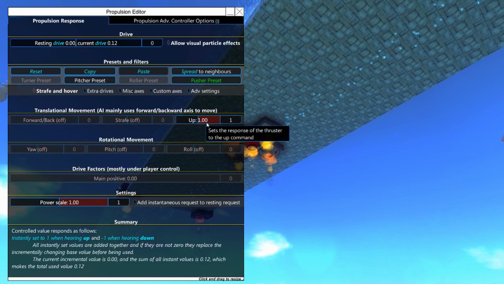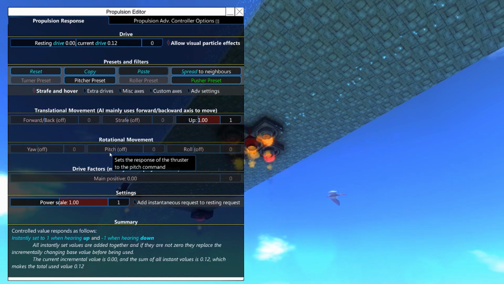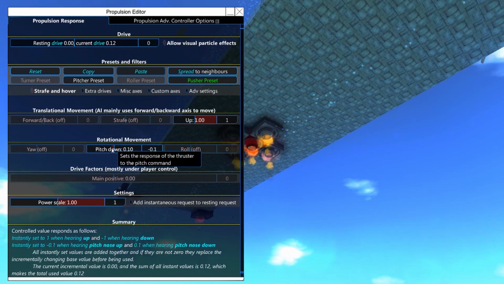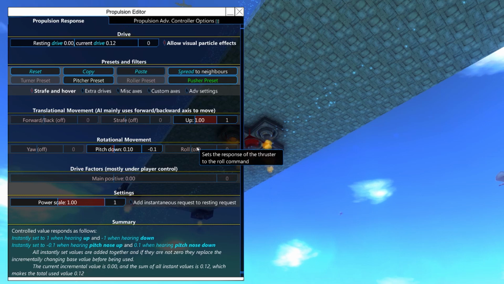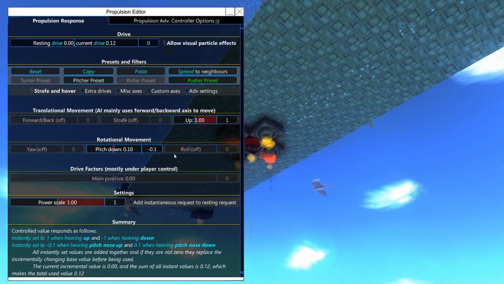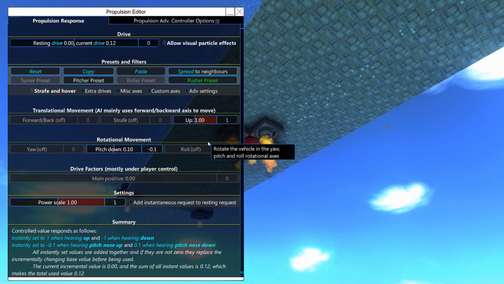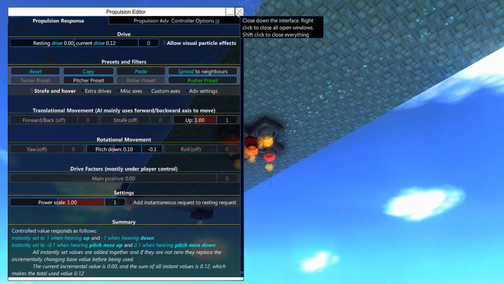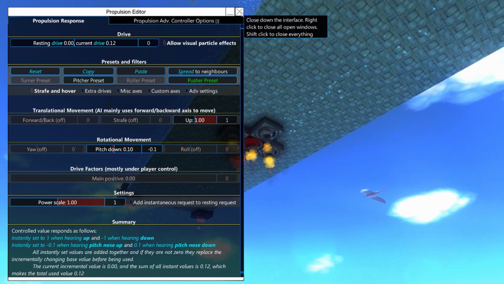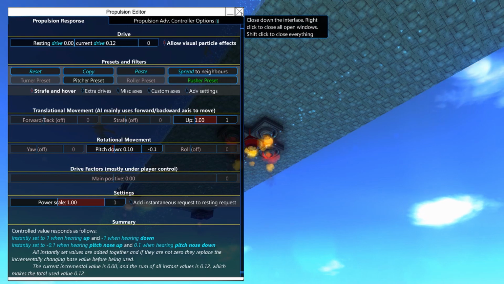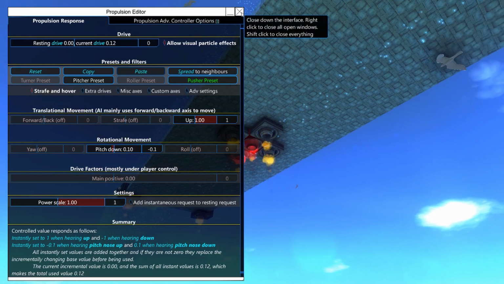So if I was to use any pitch or roll on these, I'd have it set to, say, 0.05. If I was to try and use this for pitch, I'm not going to try and use it very much because it's so close to the center of mass it's not going to matter anyway. However, I want these very strong in the up direction because they're right near the center of mass, so they're going to be very effective at applying that translational movement axis, though not as effective in the rotational.